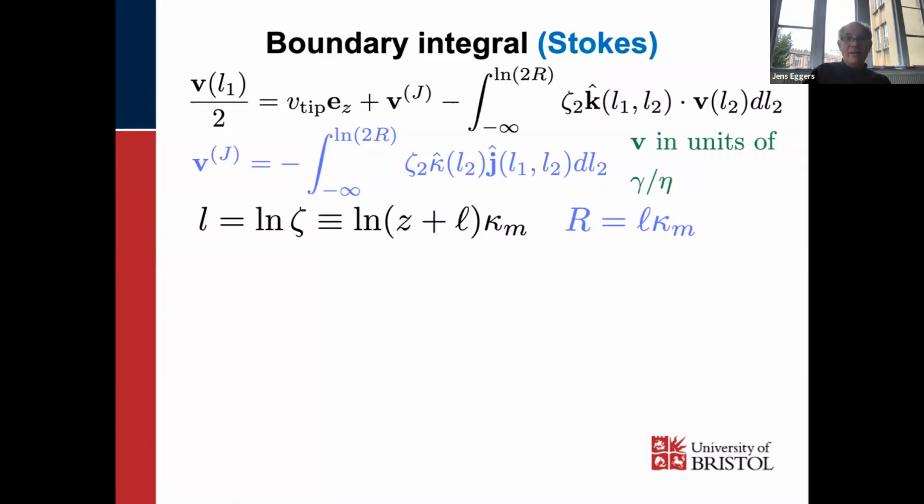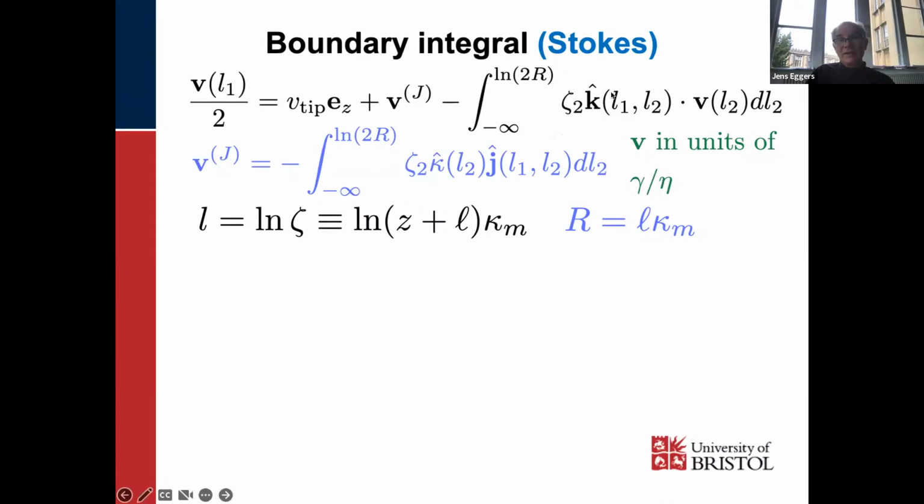And then you make a second transformation I've indicated before. I transform to logarithmic variables. So this L here is the logarithm of the distance from the tip. And as a result of this transformation, I have these factors of zeta appearing in my integral. So here it is again. That's the definition of L.